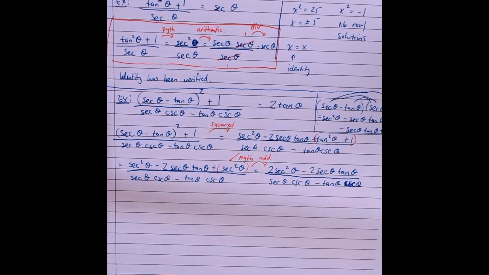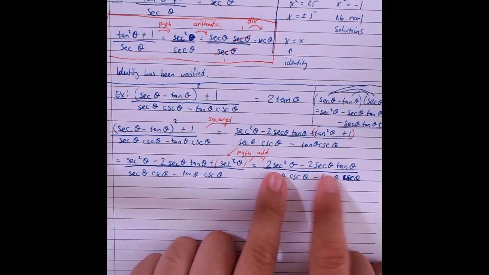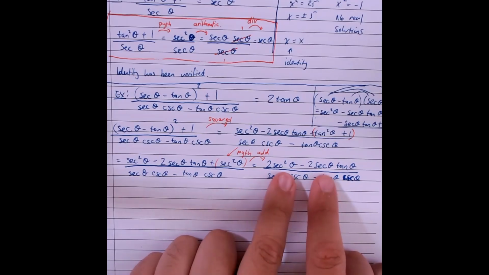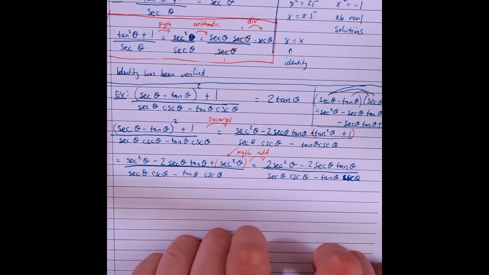Okay. Now, at this point, I note that in my numerator, I can do something algebraic. Namely, hey look, I have a 2 and a secant in both of these terms. That's a common factor. If I think back to algebra, that means I can factor out 2 secant of theta.